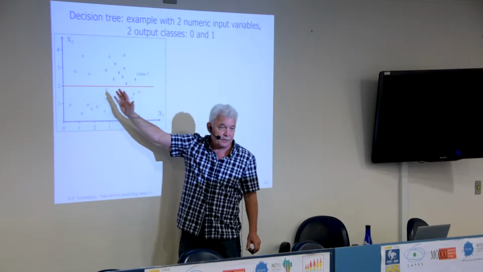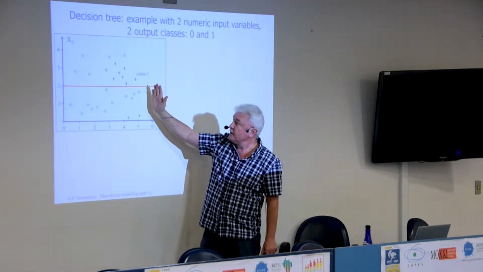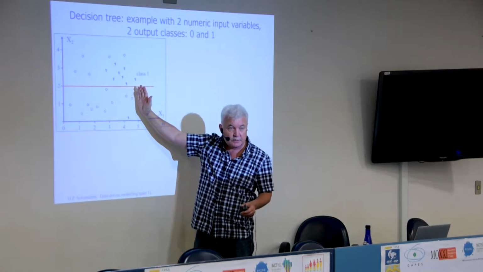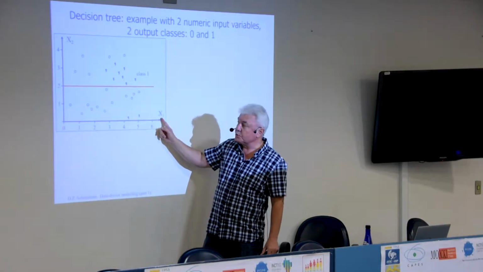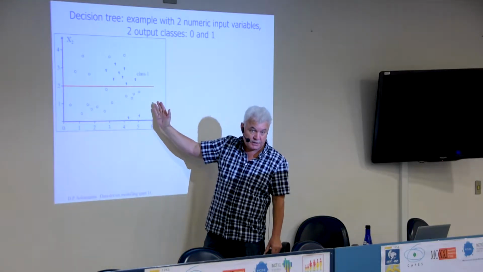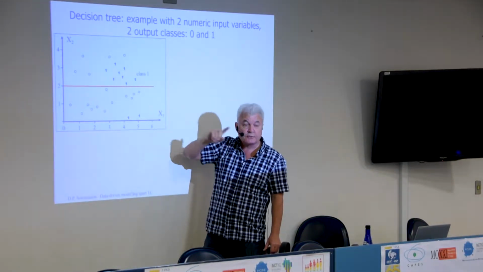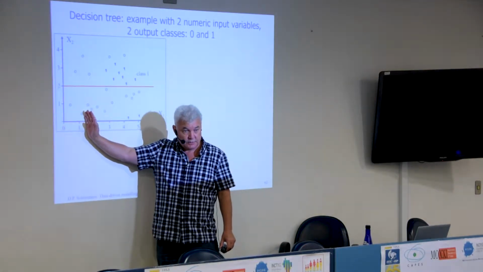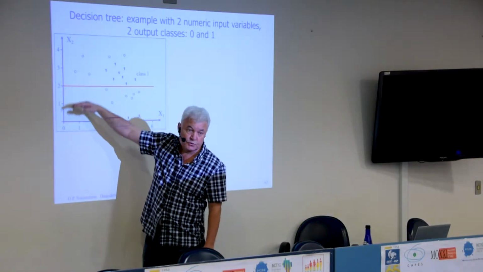And I calculate entropy. I write it down. Then I move to the next possible split. I calculate entropy. I write it down. So for x1, if you have n examples, I have n minus 1 possible splits. So I have to calculate entropy n minus 1 times just for x1 split. Then I do the same for x2 split.